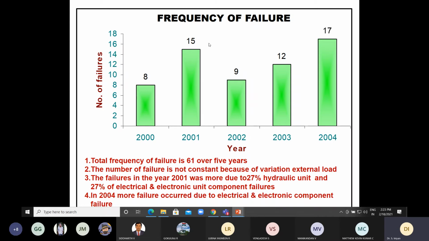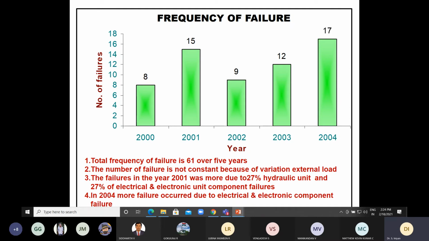So in 2001, 15 failures occurred due to hydraulic units and electrical and electronics unit component failures, right? And in the year 2007, 17 failures occurred here. The problem causing the failure is the same, hydraulic units and electrical and electronics unit component failures. As I told, it is old data, so I'm taking the data as of 2004 only. Better you update your version up to this year, 2020, right?